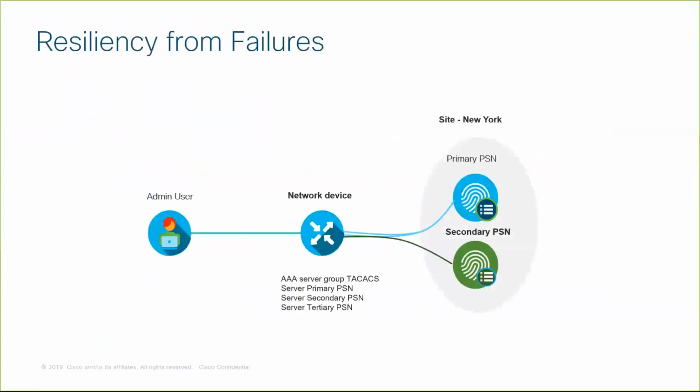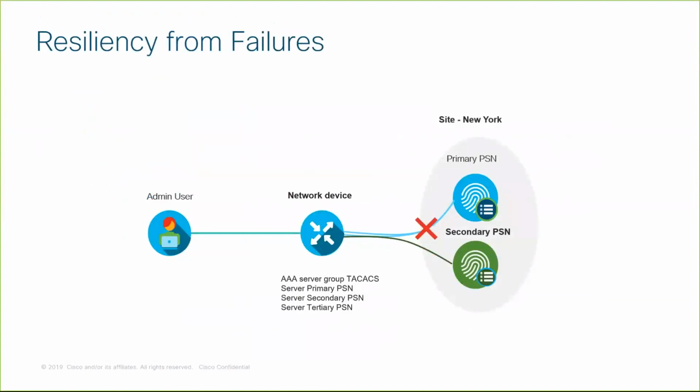All right. Now, when you think about a deployment, you also have to consider resiliency from failures. So what happens if my PSN goes down? Typically, you have a secondary PSN. In fact, a network device can support up to 3 different PSNs, and that could be an overkill. But I'm just saying that you could have a secondary PSN per site. I've seen big companies do this.